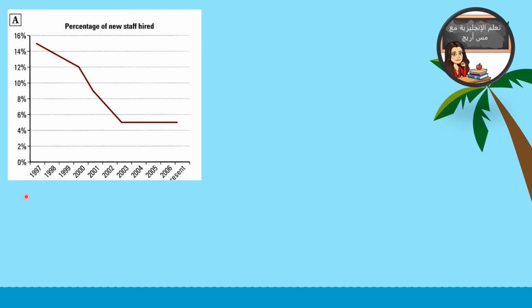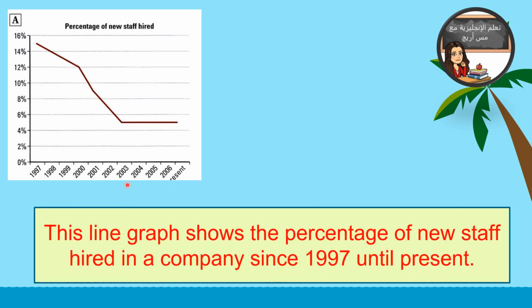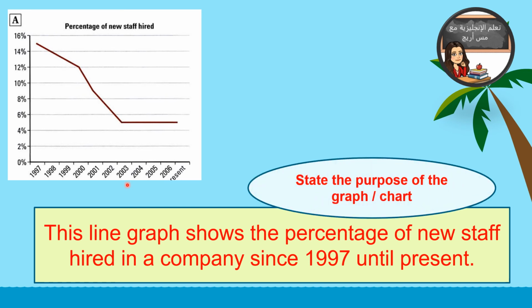Now, in this part of our episode today, we're going to have a very quick look at this line graph. At the very beginning, and this is very important, if I want to start writing my Task 1 in the academic writing, I have to write a whole sentence, a long sentence, which basically states the purpose of the graph or the chart. So I want to say what this is about and what it shows.